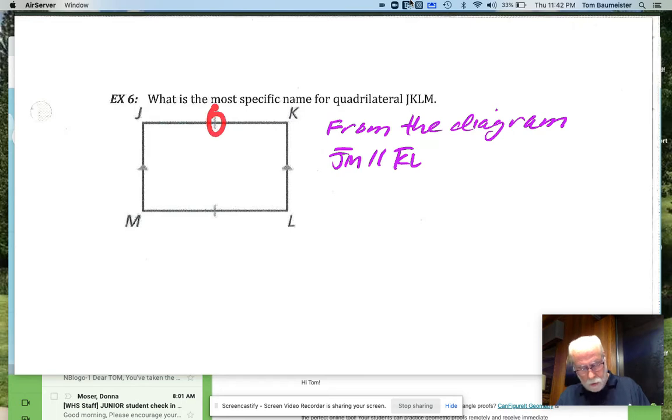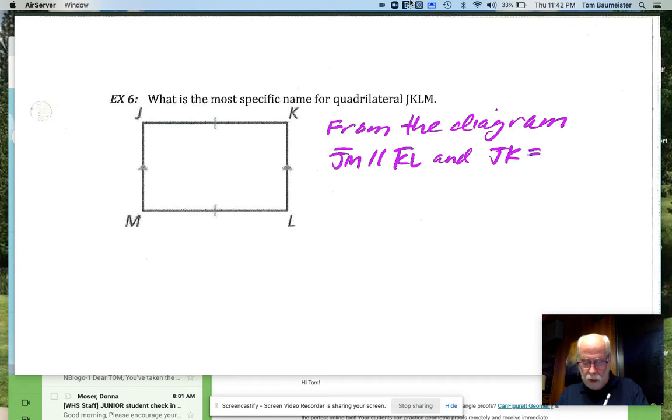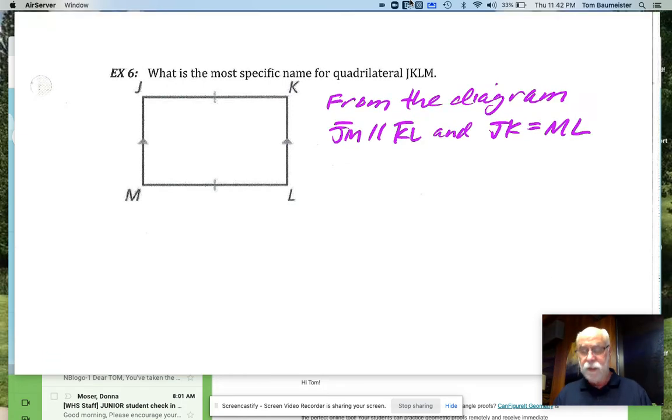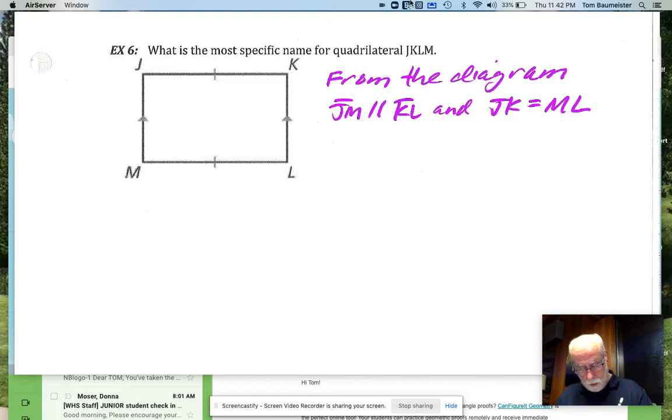And you can tell me that JK is equal to ML. Since they're congruent, you know that their measures are equal. That's what you can tell me.